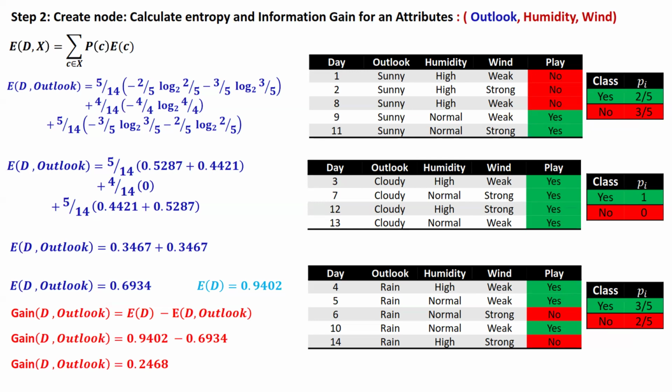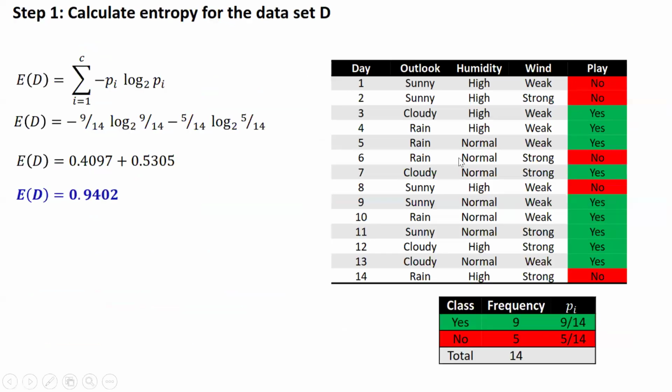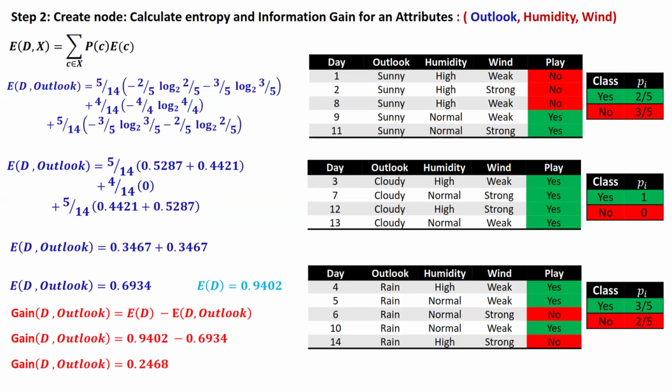Now we need to consider the first feature in the data set, which is outlook. For outlook, what are the possible values? We have sunny, cloudy, and rainy. Three possible values are there for the outlook. So we are going to divide the data set into subsets.